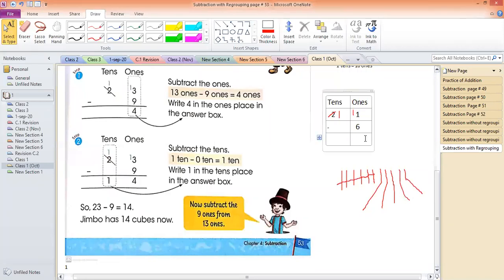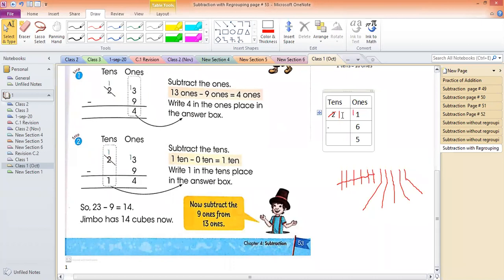Now, what should I write here in the tens? This was 2 tens, right? This 2 tens gives 1 ten to the ones.